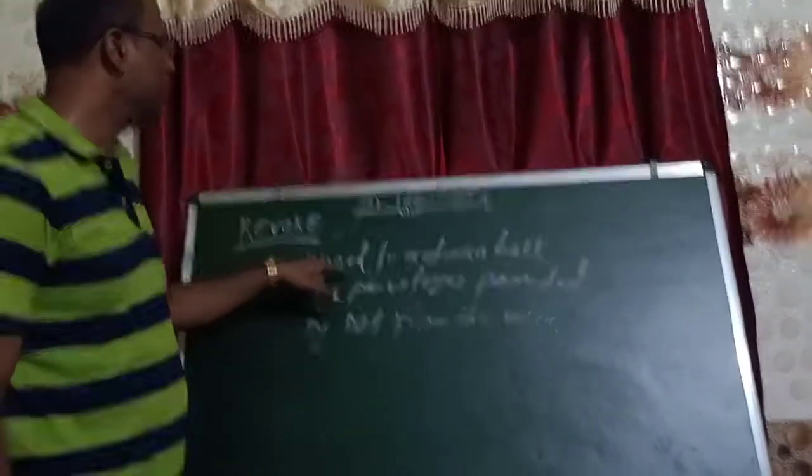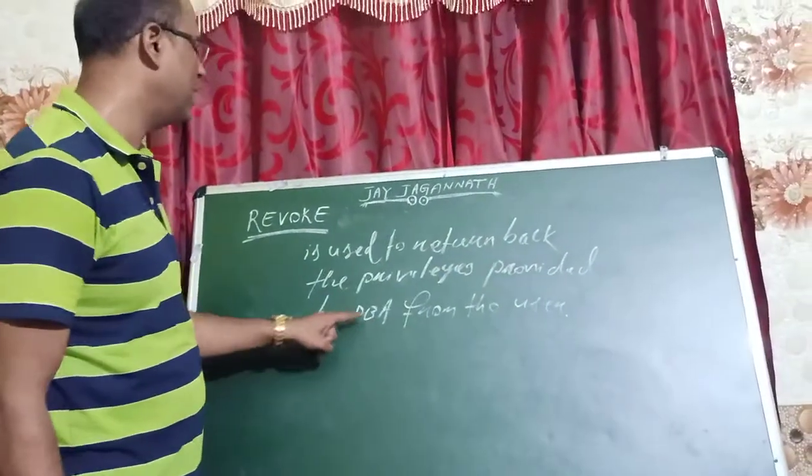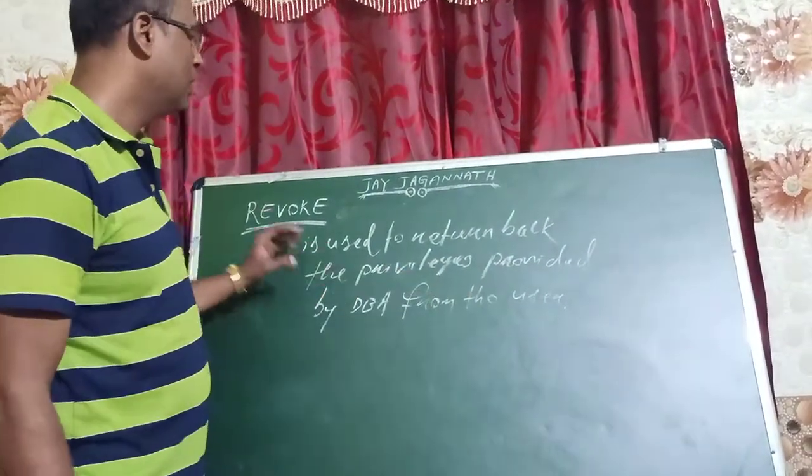Revoke command is used to return back the privileges provided by the DBA from the user.